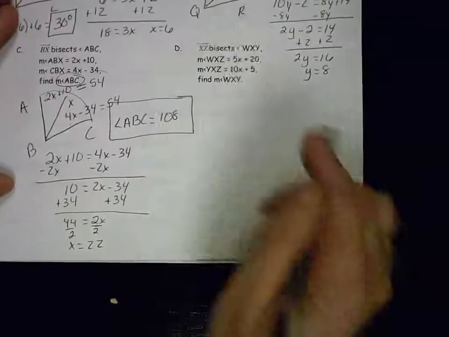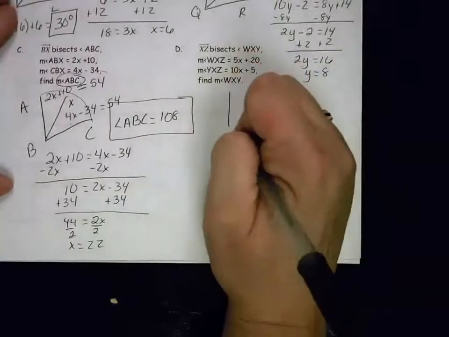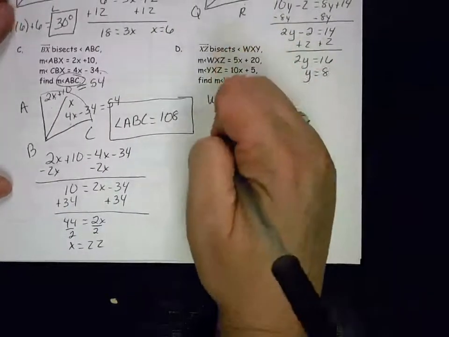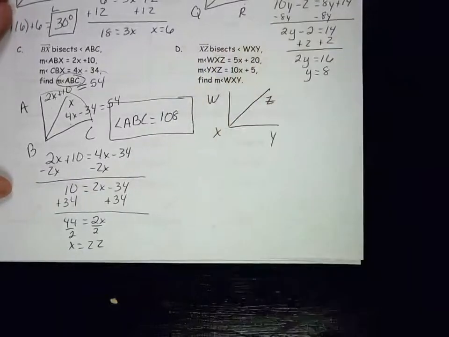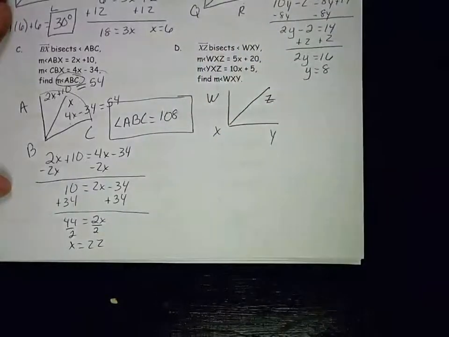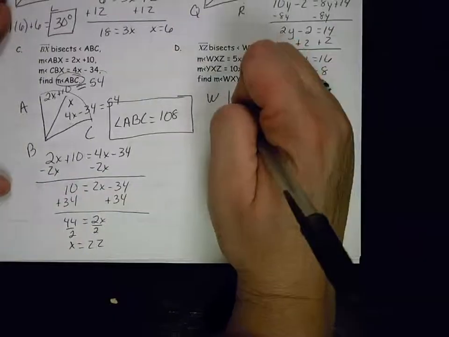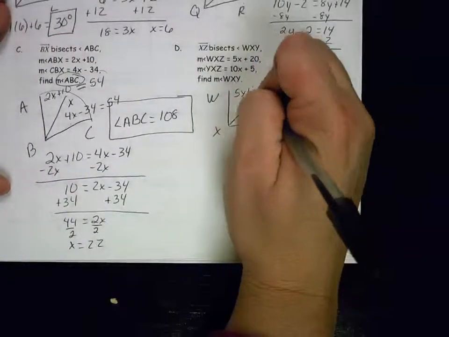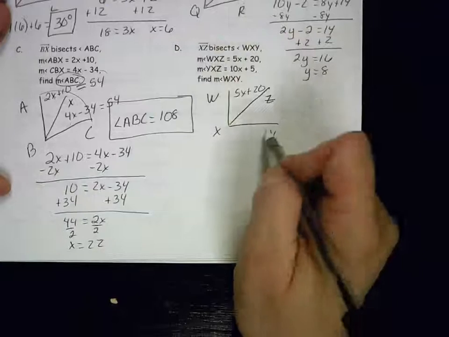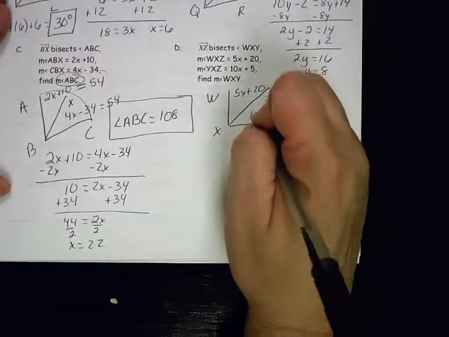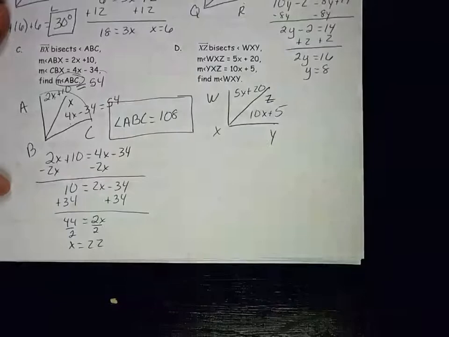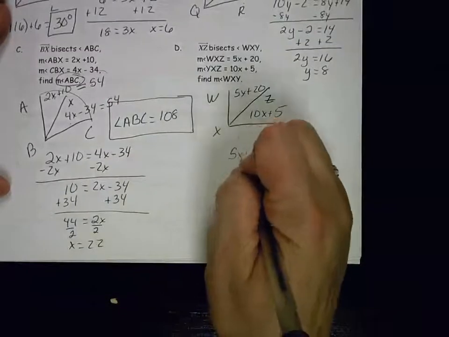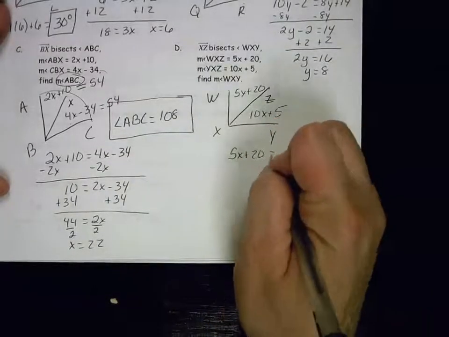And the last one, letter D, XZ bisects angle WXY. So XZ bisects. WXZ is 5x plus 20. YXZ is 10x plus 5. Since this is bisected, these two pieces are equal.